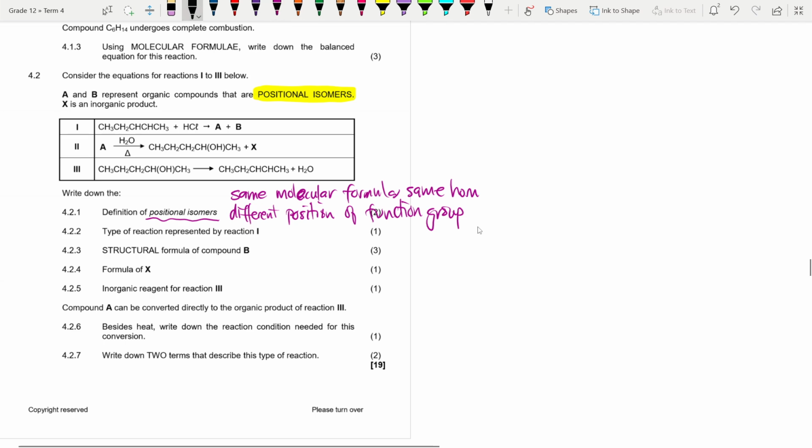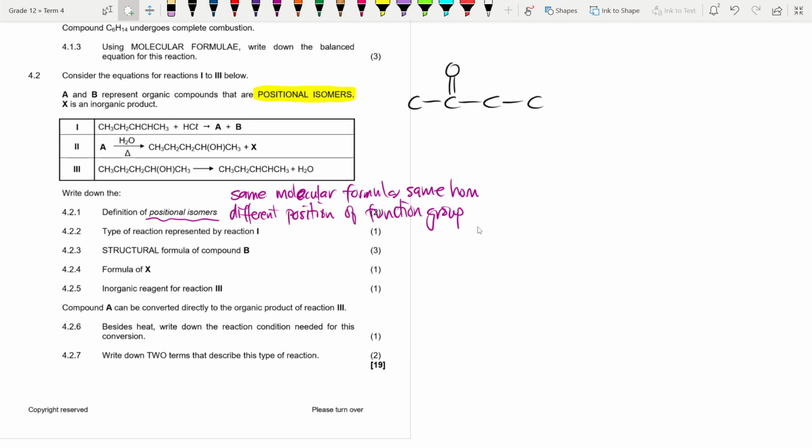I already made an example of that with the alcohols. I'll just give this example. I have a ketone. Once again, I move the functional group to this other carbon. I still have a ketone.